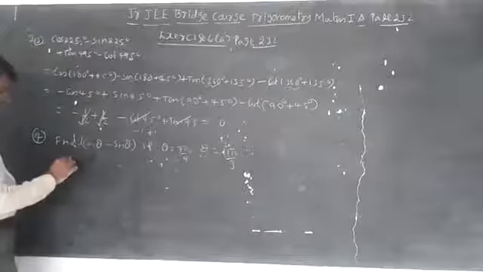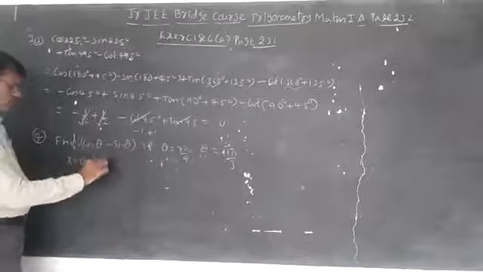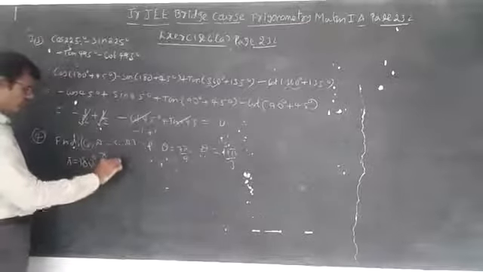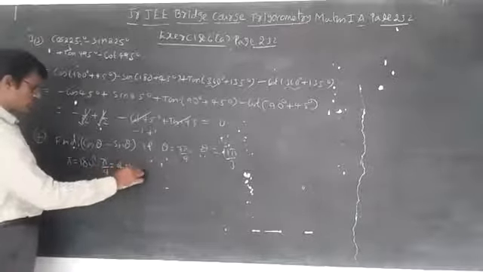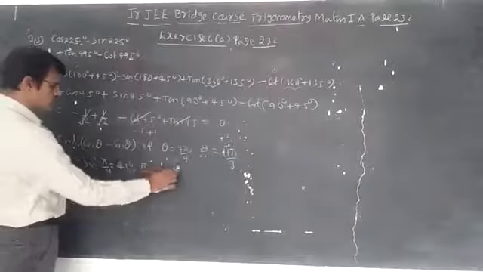Here you can understand pi means 180 degrees, pi by 4 means 45, pi by 3 means 60.